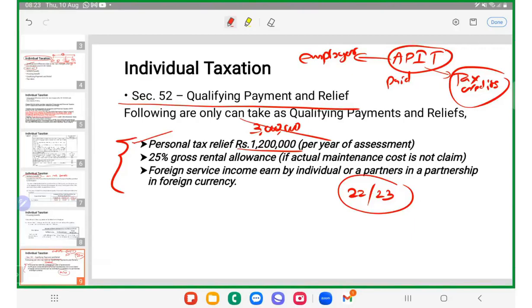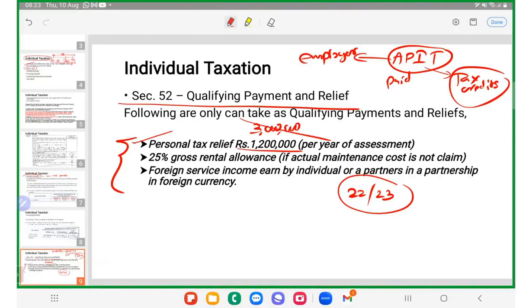But keep in mind, you can't take the 25% gross rental allowance plus the actual maintenance cost at the same time. You have to take the higher one. If the higher one is 25% gross rental, you can take that as a qualifying payment relief. And if the higher one is the actual maintenance cost, you can deduct the actual maintenance and repair cost under the rent income in investment income.